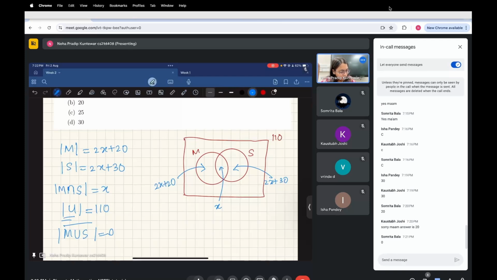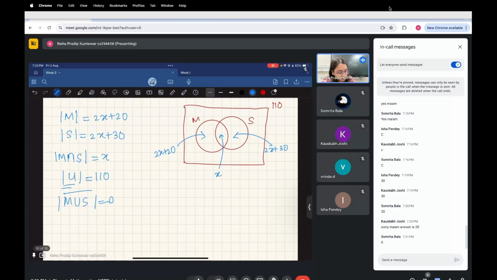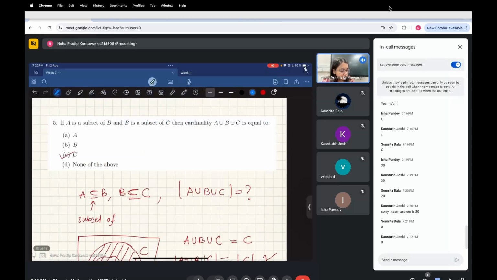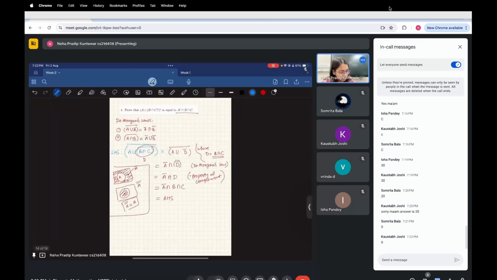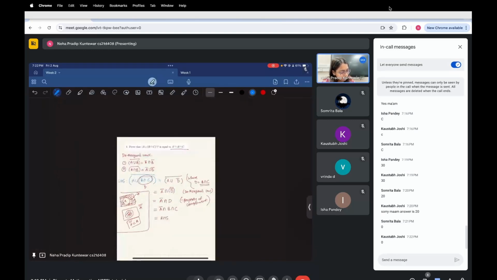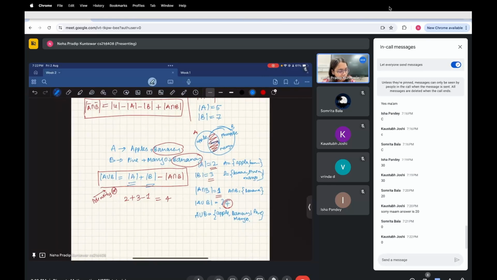Now, given this, we will simply apply the identity that we had written earlier. This identity star that we had defined earlier, we will write again, and we will plug in the values and calculate the value of x.